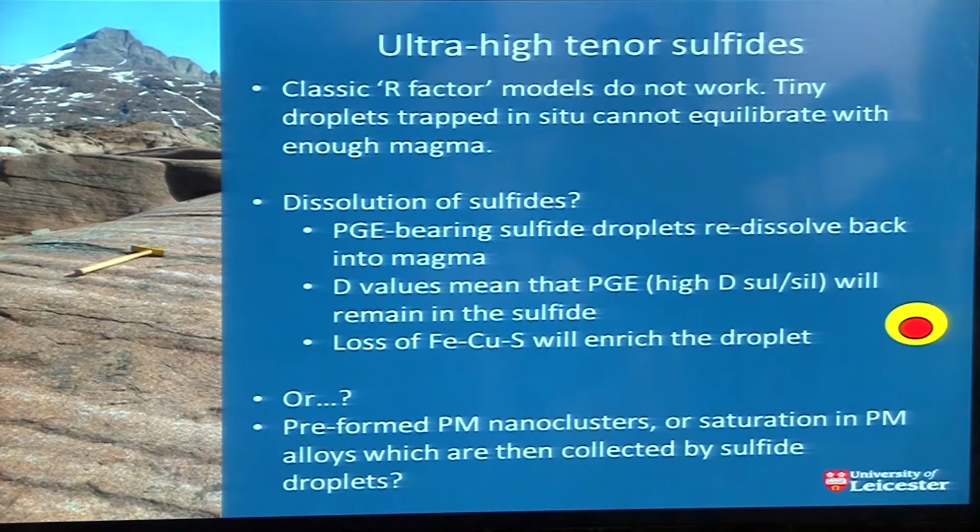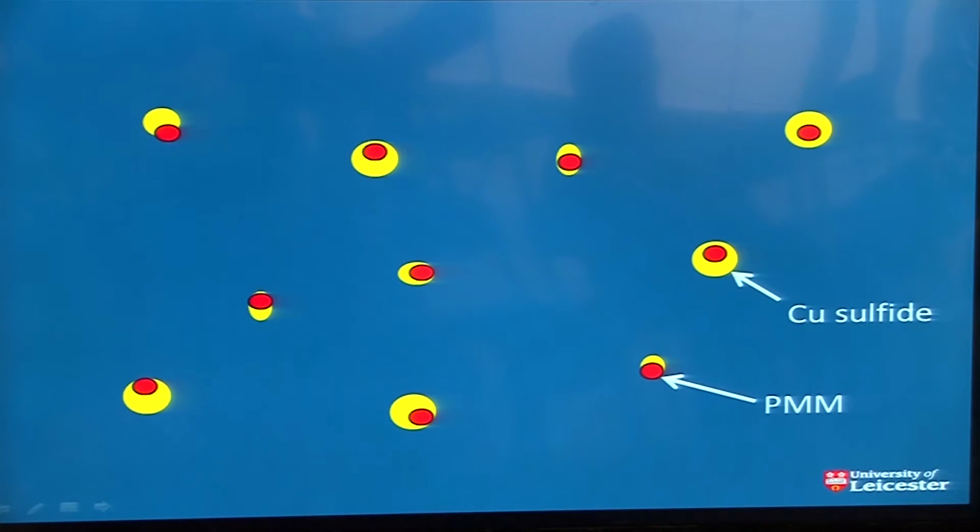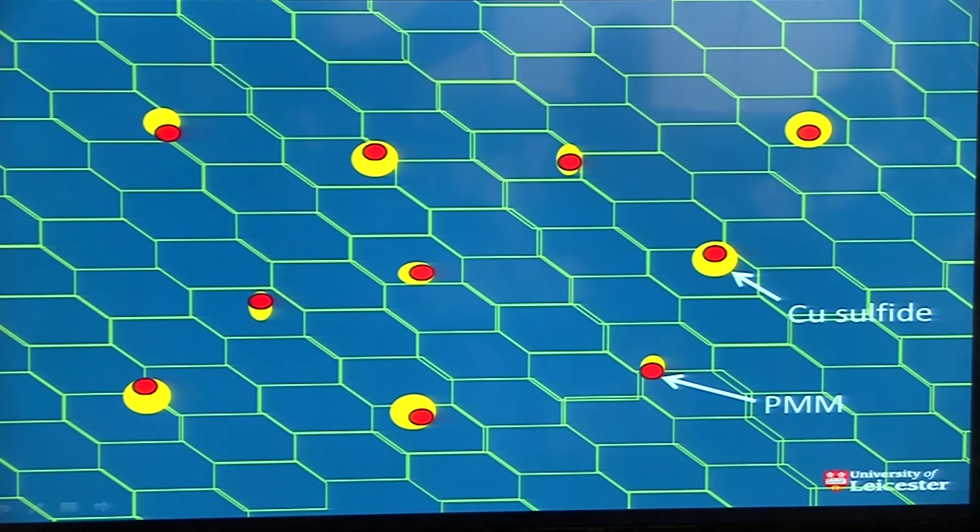Or, another possibility, maybe we actually just pre-form, saturate the platinum minerals themselves. So in the magma, we actually saturate in palladium copper alloys, and then the sulfide nucleates on these, okay? And depending on how long they have to grow before they get trapped into that cooling crystal mush, will give you that variability in the sulfide precious metal ratio.